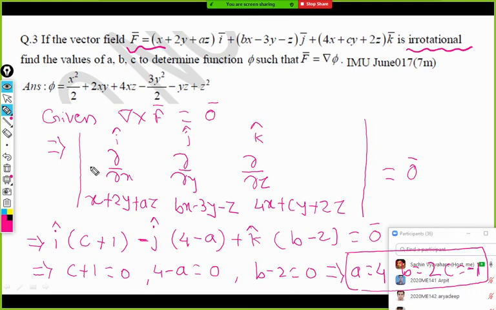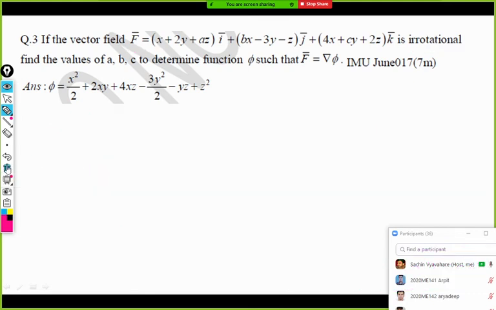So you can try the second part now. The method you think simple, you can start that way, and you can find the function phi which satisfies this condition F bar equal to del phi. Already we observed the value of a is 4, value of b is 2, and value of c is -1. So replace those values of a, b, c, and then you can find the function phi.